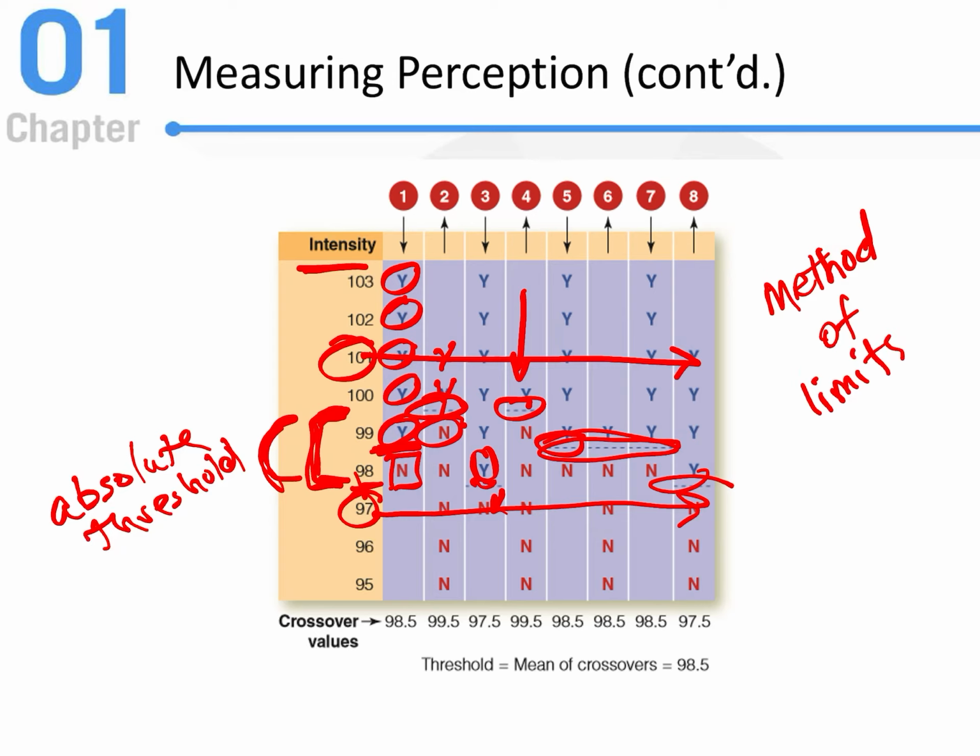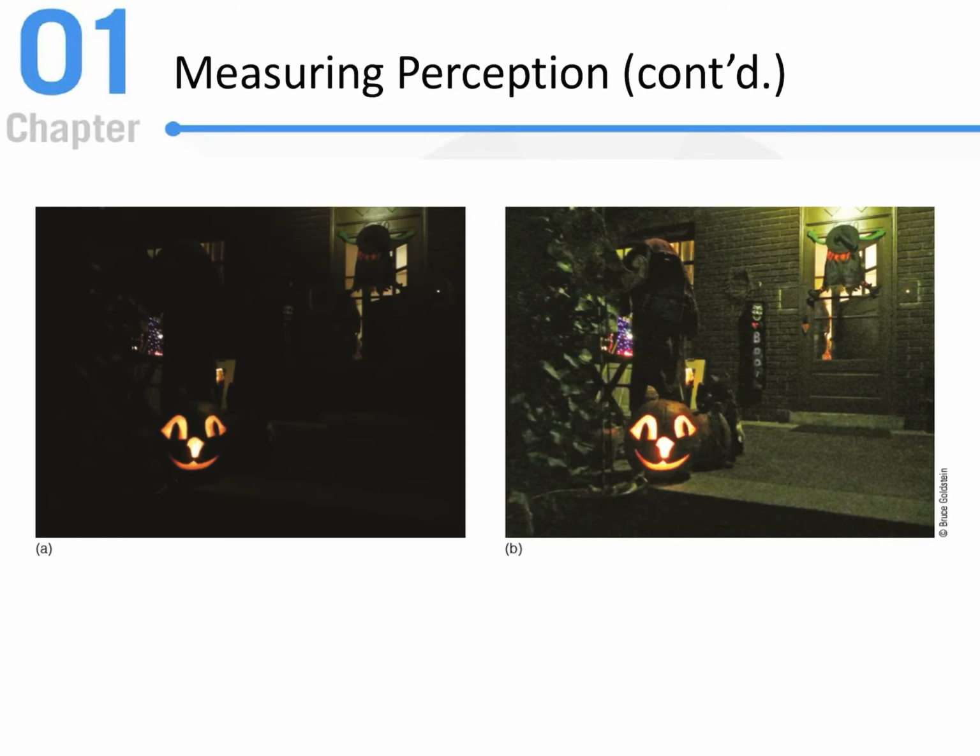So that's using the method of limits. We can do this with sound, and we can do this with light and vision. So for example, you come into this situation here, and what items do you see in this scene?